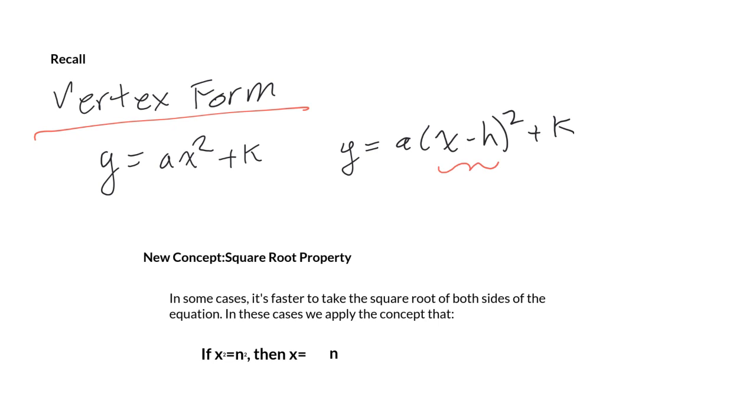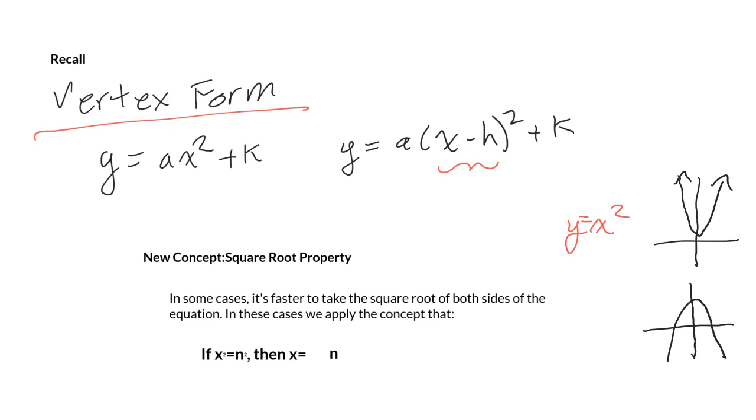But really, because of all the studies that we've done so far with quadratics, if you think about it, if I had y is equal to x squared, we already know that our graph looks something like this. Now, let's say that I had a graph that looked something like this. It opened down, but it crossed the x-axis at 2 points.